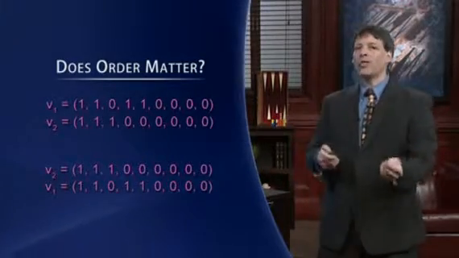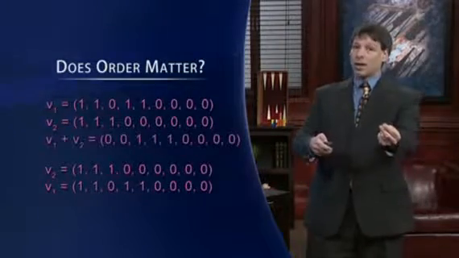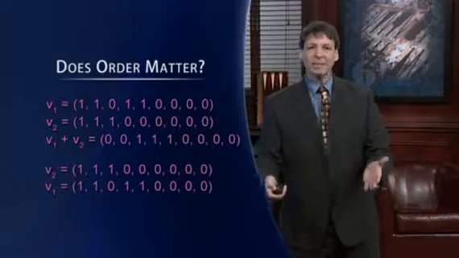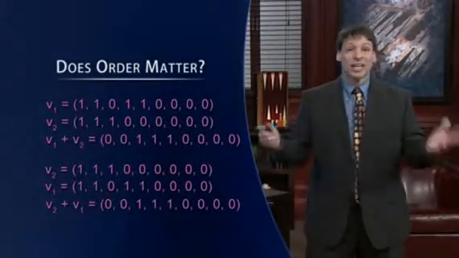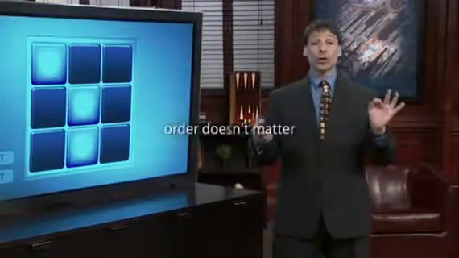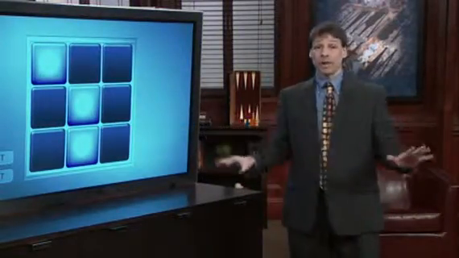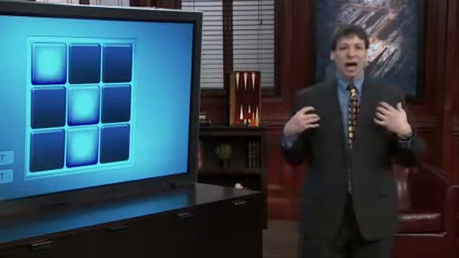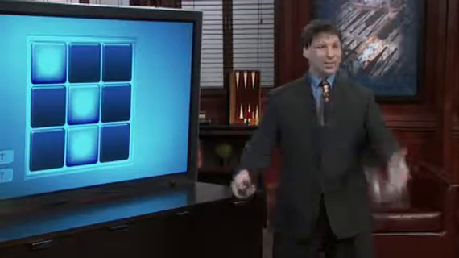Well, pressing 1, then 2 is the same as adding the vector v1 plus v2. But notice that's the same as adding v2 plus v1. So what that tells us is the order doesn't matter. And that's true for any 2 buttons. This fact was not at all obvious, at least to me, until we used vectors to represent the buttons. All right, so let's hear it for vectors and mod 2 math.